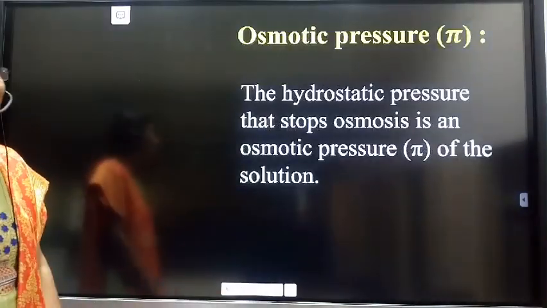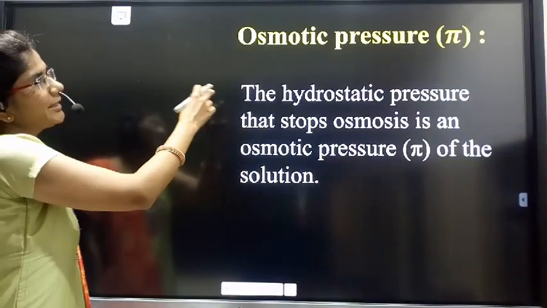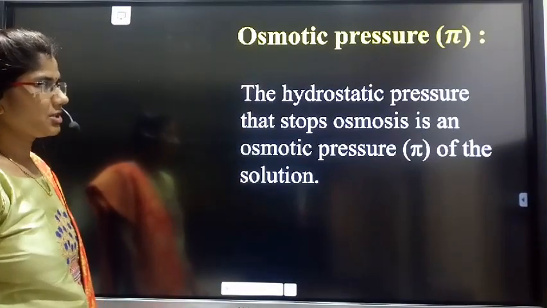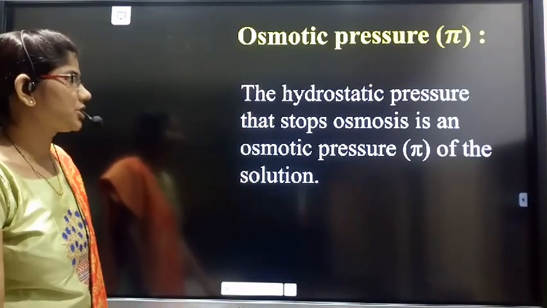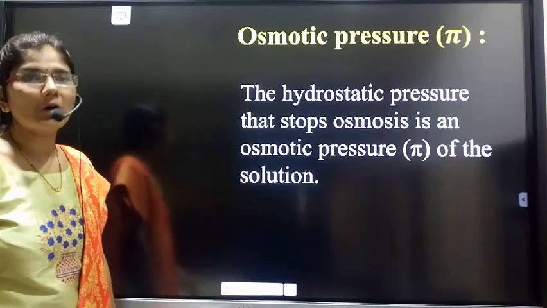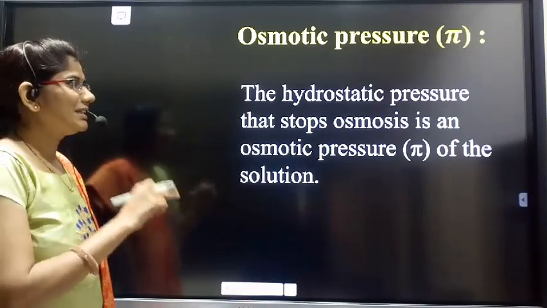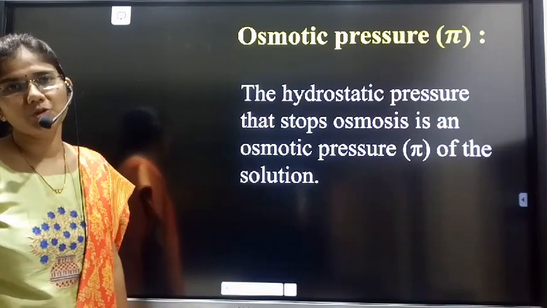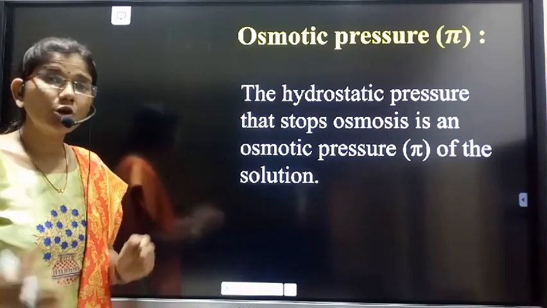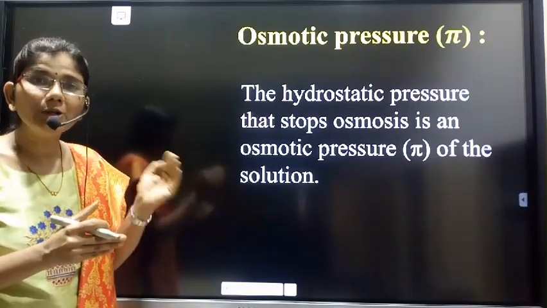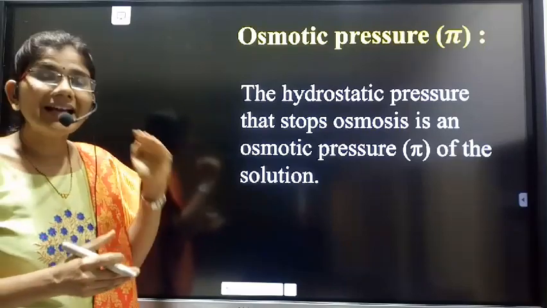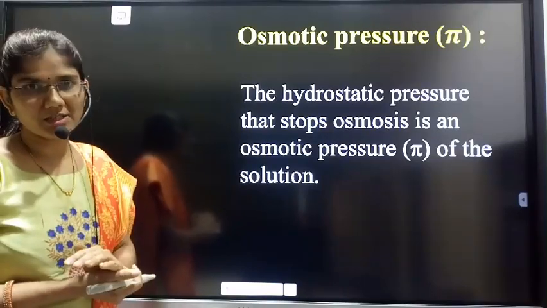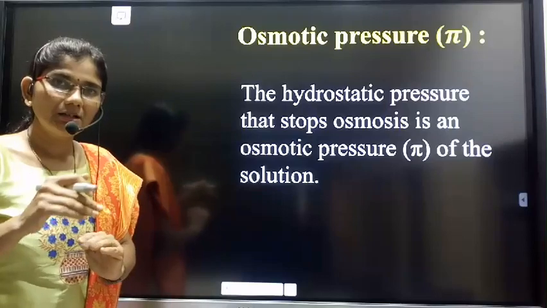And what is meant by osmotic pressure? The osmotic pressure is the hydrostatic pressure that stops the osmosis. That means to stop the osmosis we have to apply some external mechanical pressure.